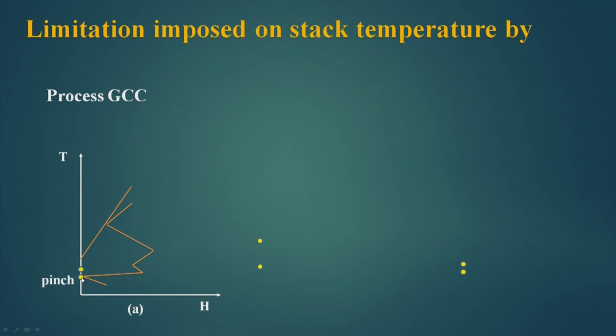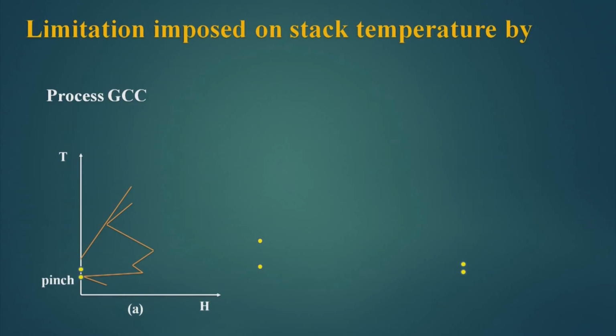Now, this is a case where this is the pinch point, and up to this pinch point the stack temperature is not able to reach, due to this portion of the GCC. So, the process GCC is now controlling the stack temperature.